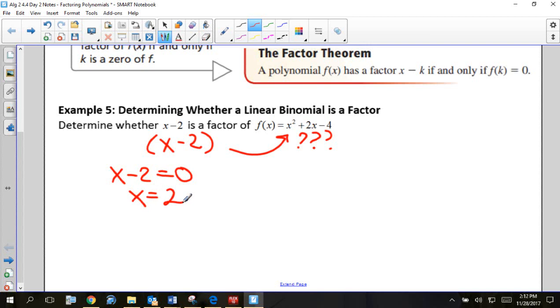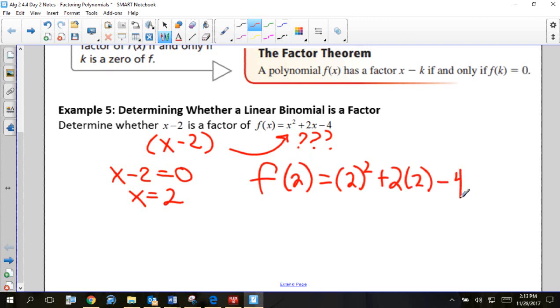And to see if this is a factor, we're going to take that 2, and we're going to go f of 2 equals 2 squared plus 2 times 2 minus 4. And we're going to see if f of 2 is equal to 0. If it equals 0, then that tells me it is a factor.